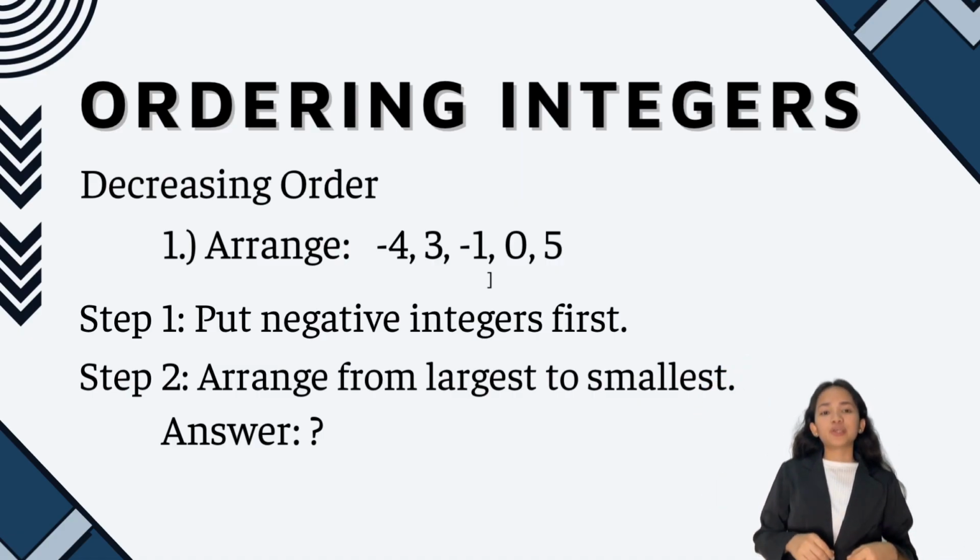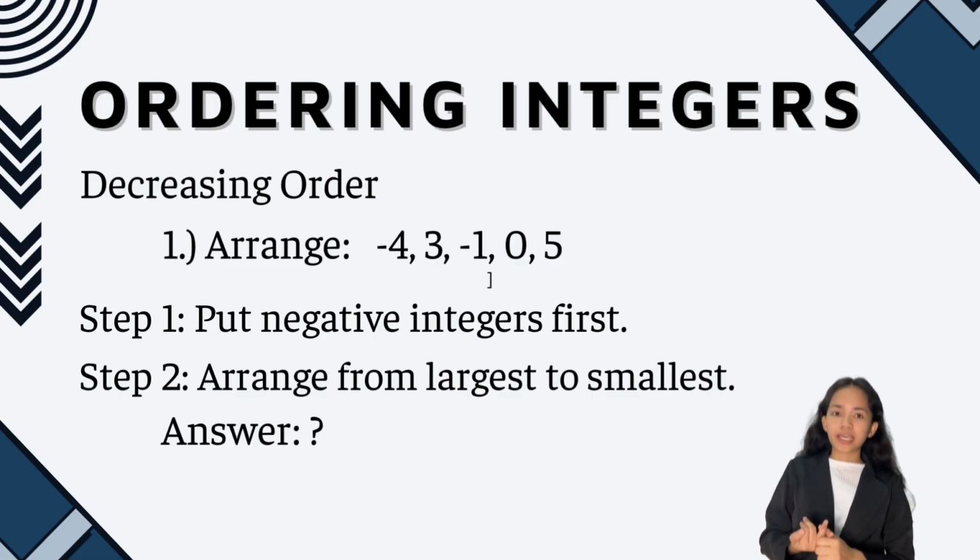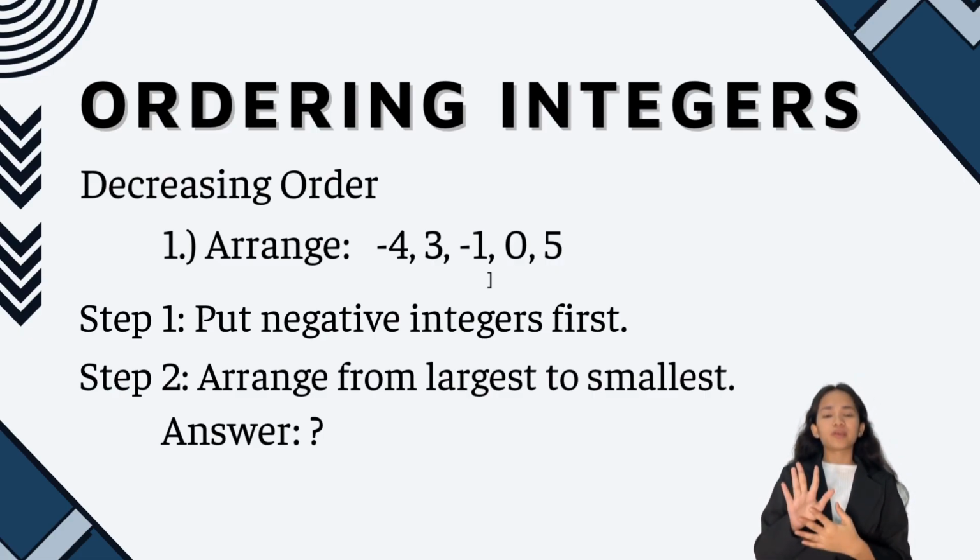What if you are going to arrange the following integers: -4, 3, -1, 0, and 5?